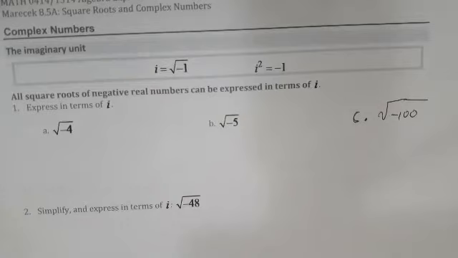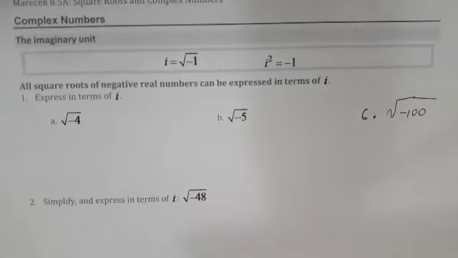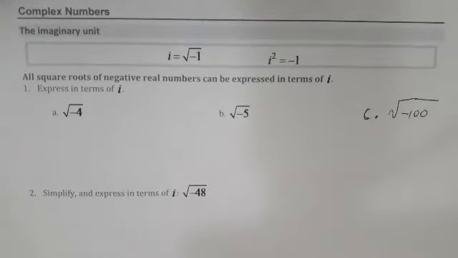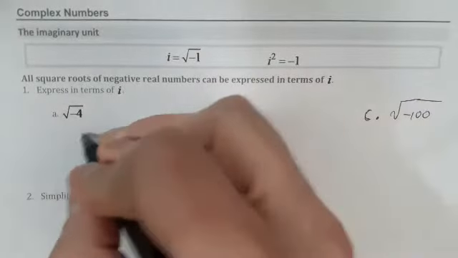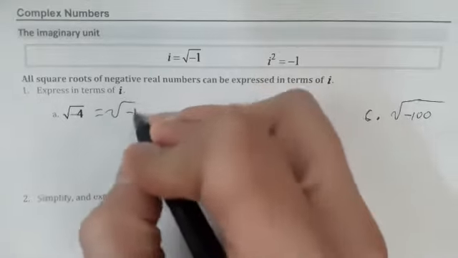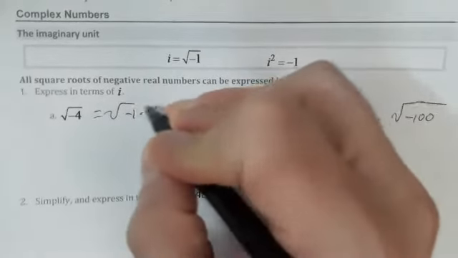Okay, and so they give us a few radicals to simplify now. My suggestion is to go for the i's first. Pluck out the i's first. That's the first thing that you can do. So looking at what I mean, if there's a negative there, I can think of this as being the square root of a minus 1 times 4.